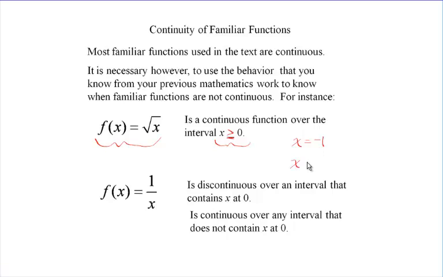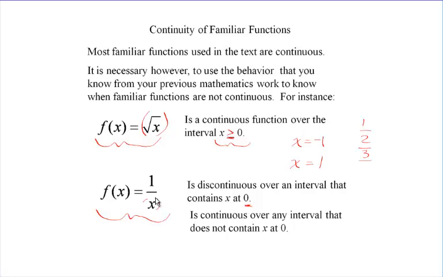However, if I ask you to show that this function is continuous at x equals 1, you could clearly do that. You could run through that 3-step process for continuity at a point, and this function would pass that test. For this reciprocal parent function, we're going to have issues being continuous on an interval if that interval contains the input value of 0.